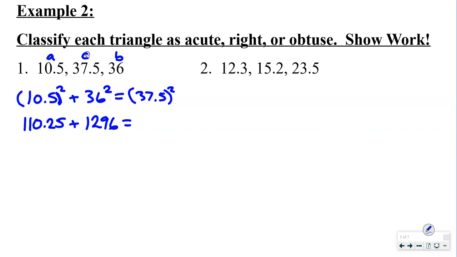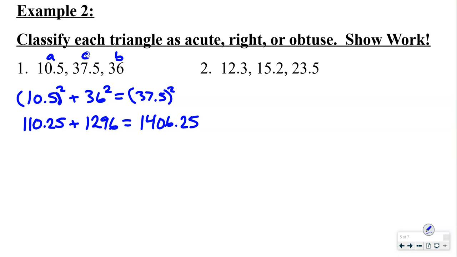We need to see if that will add up to be equal to 37.5 squared. That is 1,406.25. So again, we're not rounding the decimals.